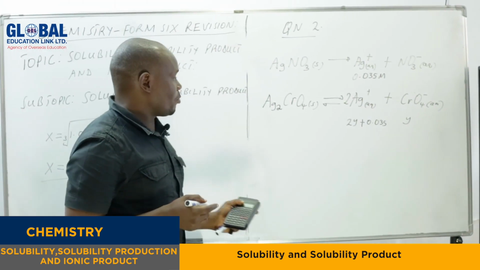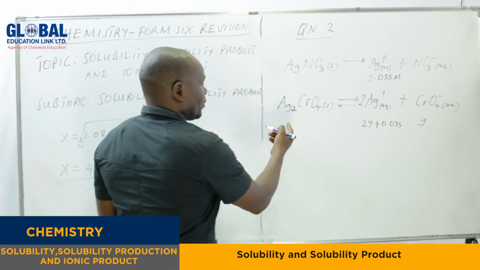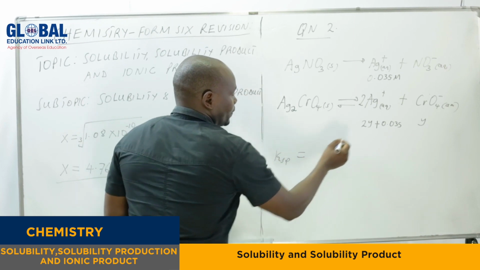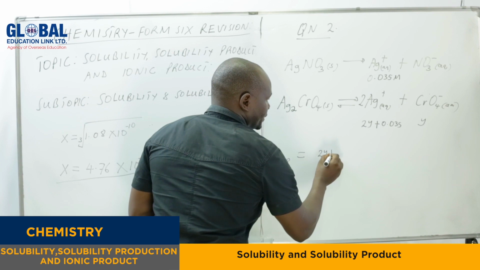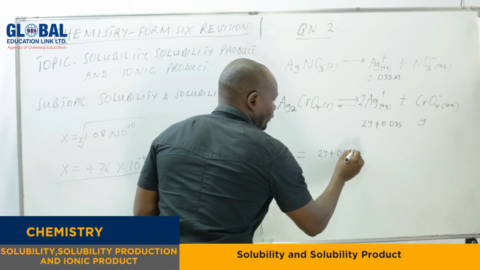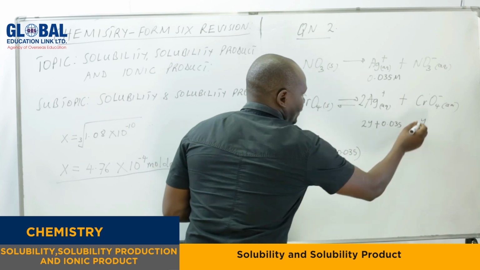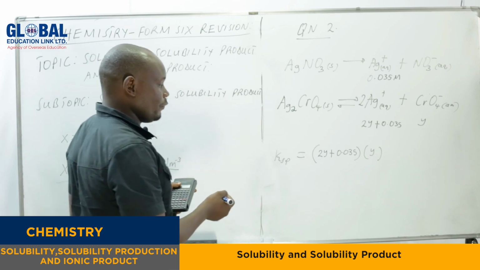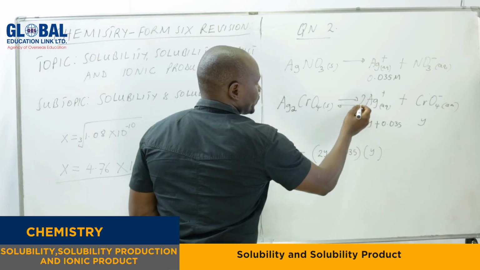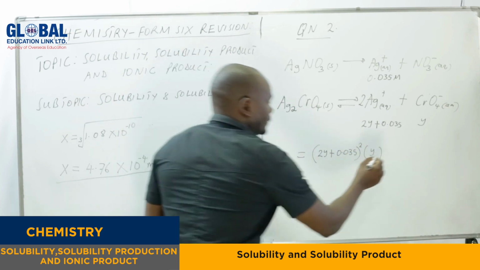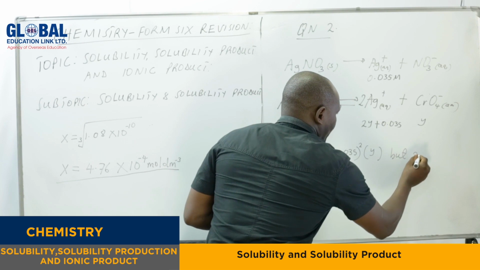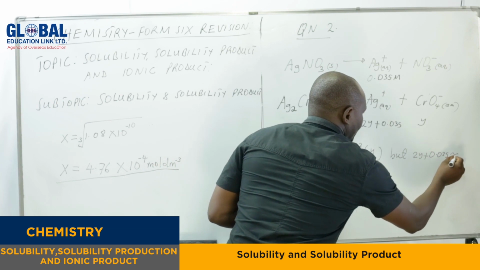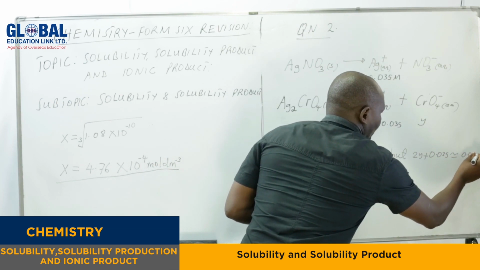Now, if we consider the Ksp of silver chromate, it will be equal to 2y plus 0.035, then times the solubility of chromate ions. Now, we remember that this one must be squared due to the presence of 2, but 2y plus 0.035 is approximately equal to 0.035.